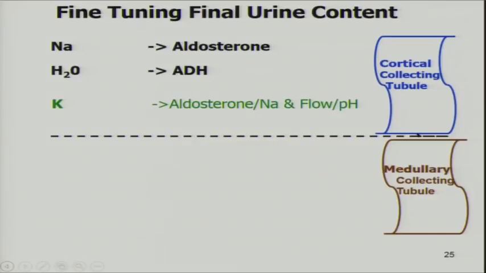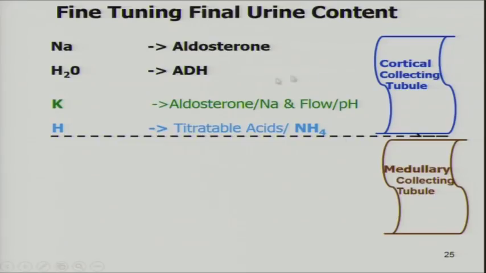Potassium then is linked into this because of the effect of aldosterone, the sodium-potassium exchange. Potassium is also affected by both sodium delivery and the rate of flow to the cortical collecting tubule, and by the pH within the blood and the cells that may result in exchange of hydrogen and potassium, in particular if they're alkalotic.